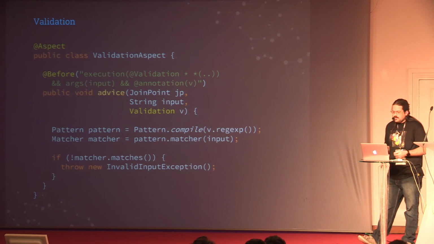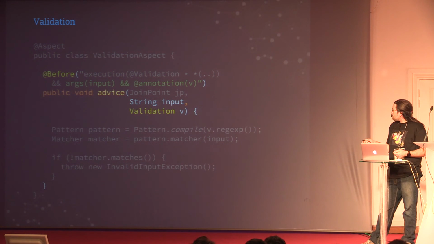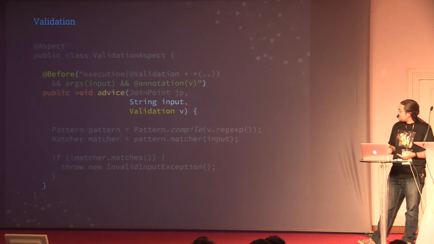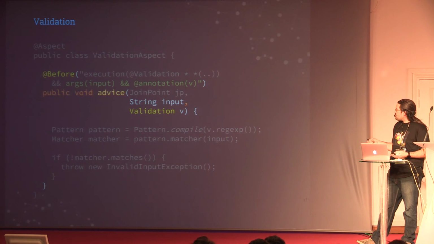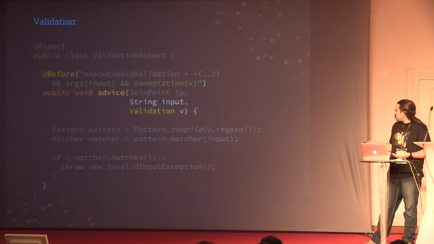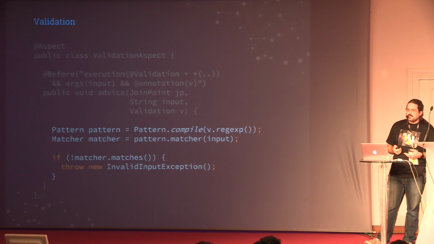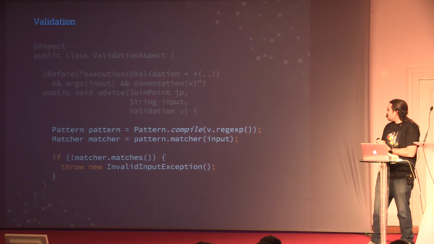When we create the annotation and the aspects, here we can first capture the input that is set on the method, but also capture the annotation on the method itself. So here, when we get inside the method, we get the input and the annotation, which means that we can directly get the regex parameter in the annotation and use it inside our advice.